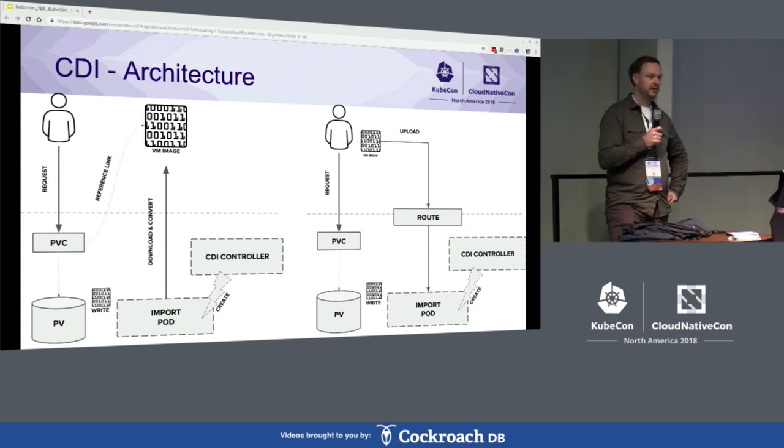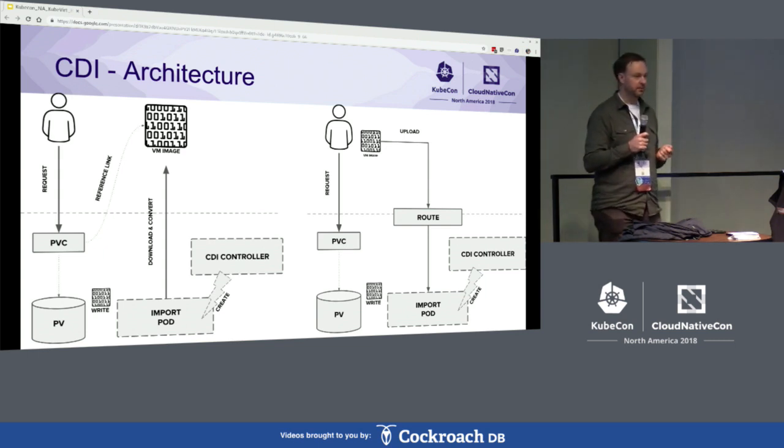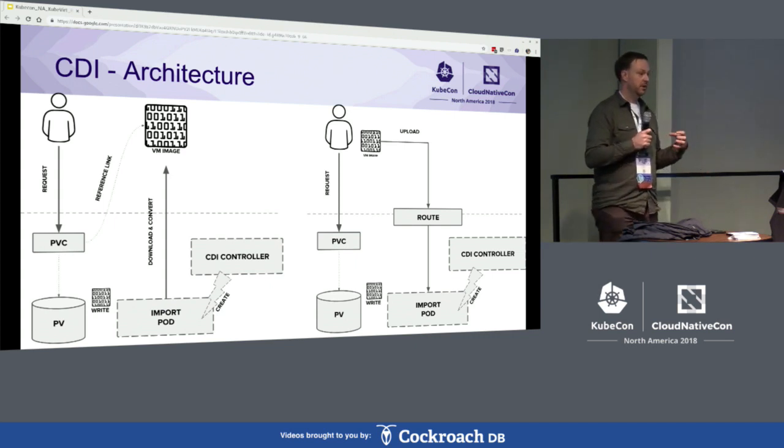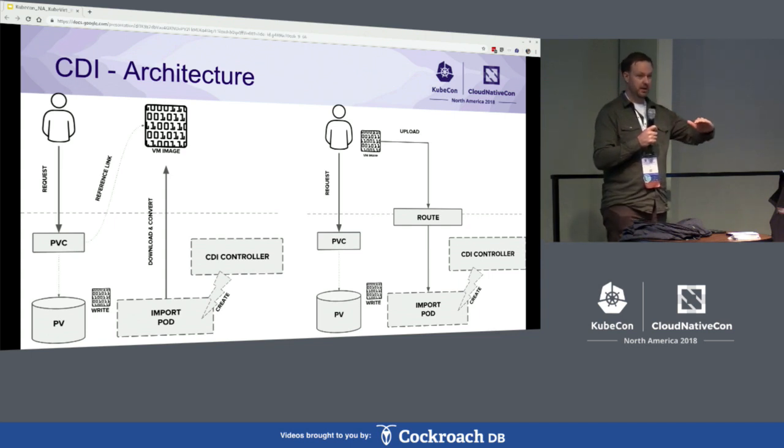Another design decision that we made was that we would use raw image format instead of something like QCOW2, for those of you familiar with that detail. The reason is we really wanted to push all of the brains and the smarts of the storage down to the storage providers. And we want KubeVirt to work with any storage that you bring to the table. Whether it be Gluster or local storage or cloud provider storage, it doesn't matter, because we abstract at the PVC layer.